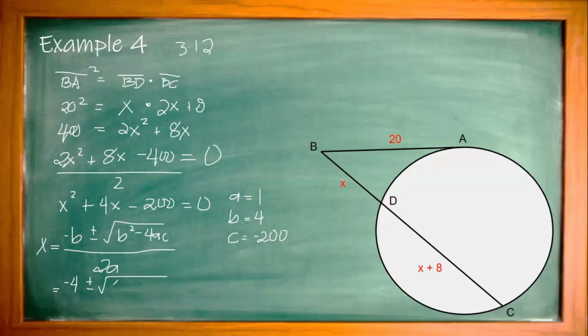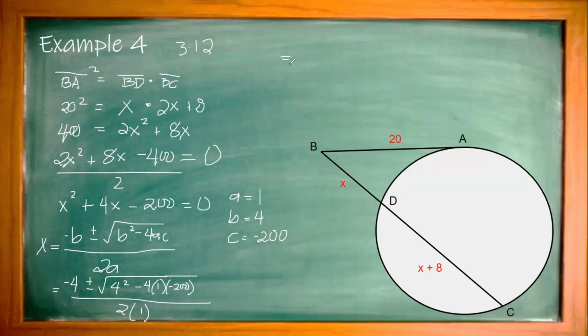Our b is still 4. 4 squared minus 4 times a, which is 1, then c is negative 200. Then all over 2 times the value of a, which is 1. Okay, so that's it. Then we'll now try to operate the items here.